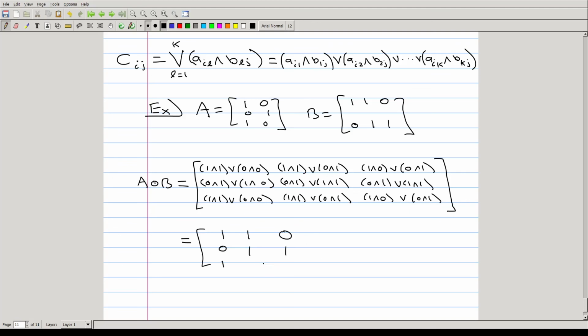This is going to be 1. And the last one is going to be 0. This new matrix is the Boolean product of these two matrices. And this is a very interesting idea, which is going to be extremely fruitful in terms of better understanding relations between finite sets.